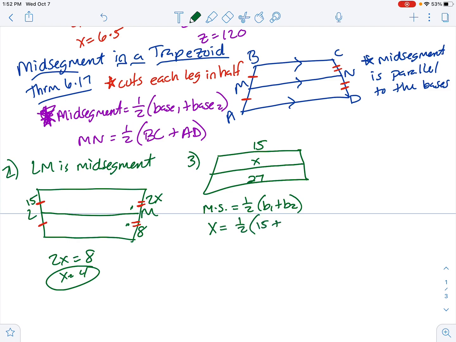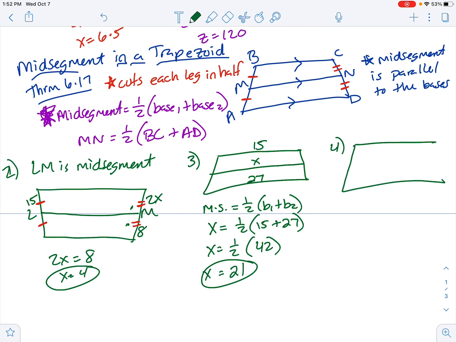My base 1 would be 15. My base 2 is 27. Now, does it matter which one is base 1 and base 2? No, just make sure that they're the parallel lines. Now we're going to solve. 15 plus 27 would be 42. Half of 42 would be 21.